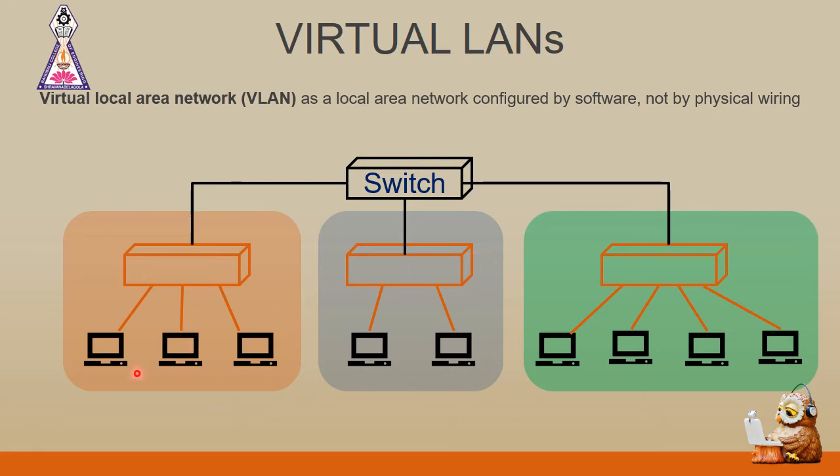The first team comprises 3 hosts, that is 3 engineers working on one project. In the second group, there are two engineers working on a different project. And finally, in the last group, there are 4 engineers working on a project. Thus, inside an organization, they are physically connected by making use of a switch.